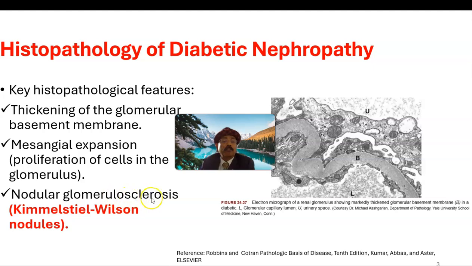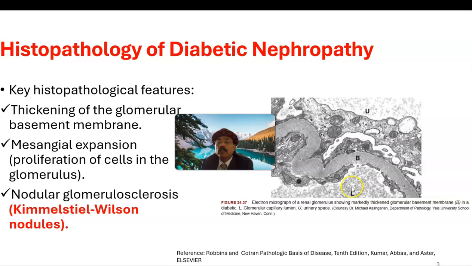Nodular glomerulosclerosis, the Kimmelstiel-Wilson nodule, will get nodules. If you look at this electron micrograph, renal glomerulus showing marked thickening of glomerular basement membrane, B, in a diabetic patient. We get the glomerular capillary lumen here, and the urinary space here.